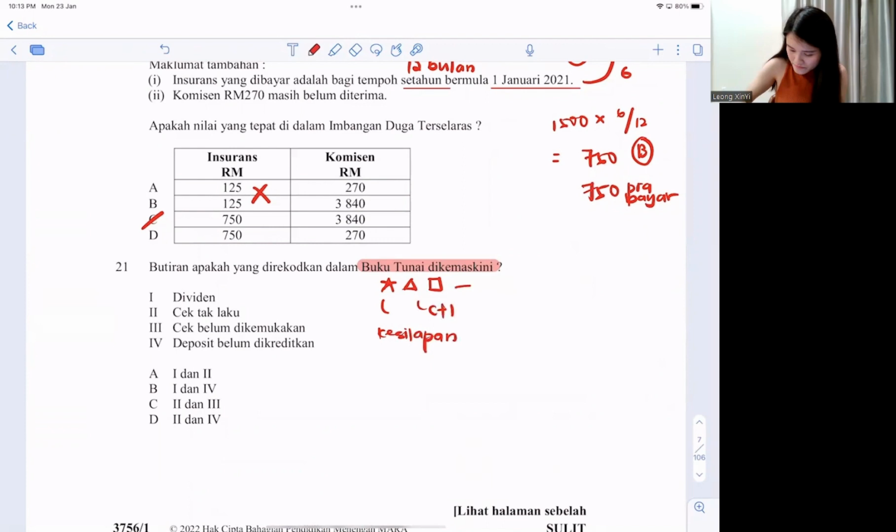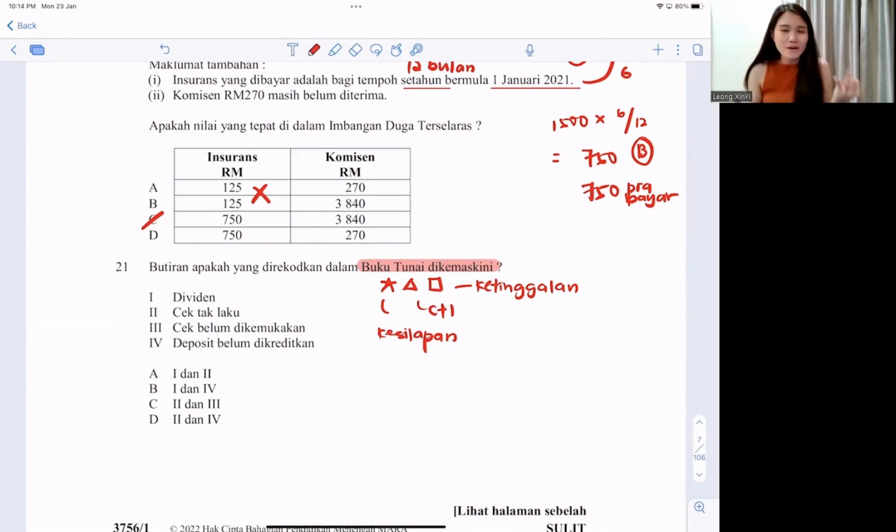Cek tak laku. Ketinggalan. So we only put these 3. Total faktor yang menyebabkan ketidakseimbangan of your buku tunai with this penyata bank is 5. We have these 3 here, the star, the triangle, and the square.